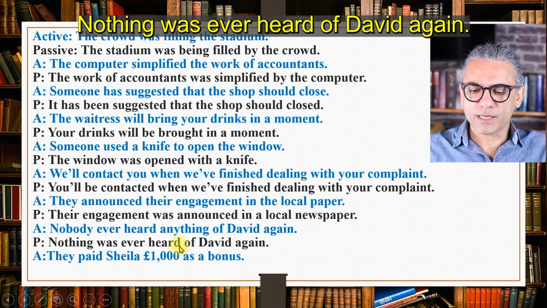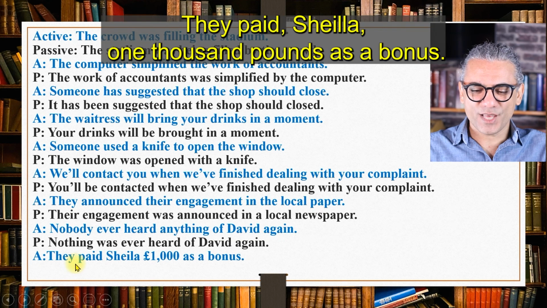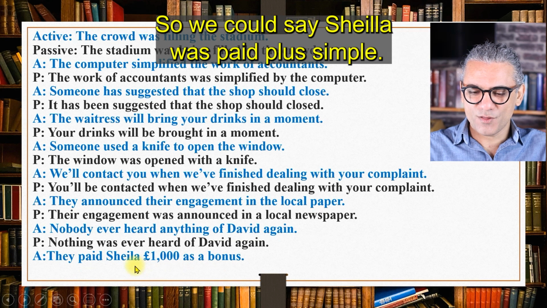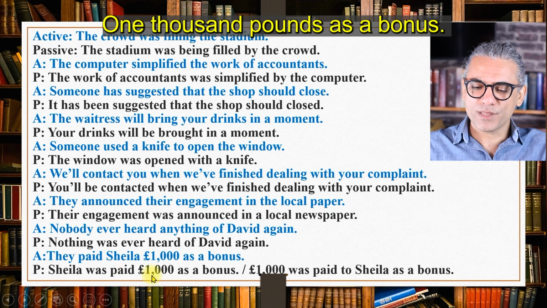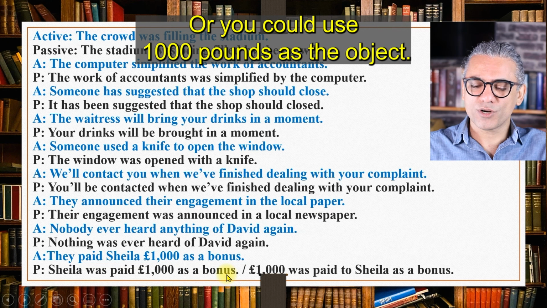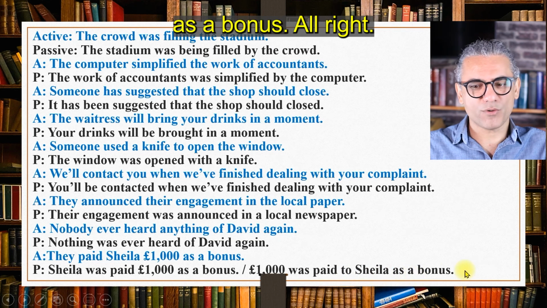And the last example, an example with two objects. "They paid Sheila £1,000 as a bonus." So we could say, "Sheila was paid," past simple, "£1,000 as a bonus," or we could use £1,000 as the object. "£1,000 was paid," past simple, "to Sheila as a bonus."